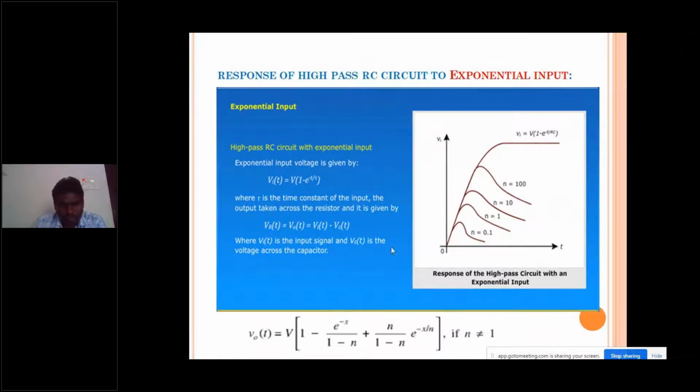So refer to the n value, and you can simply apply the n values to get the shapes. This is the output shape for an exponential input. This is a lengthy derivation which is not possible to show here, so refer to your running notes for the derivation.